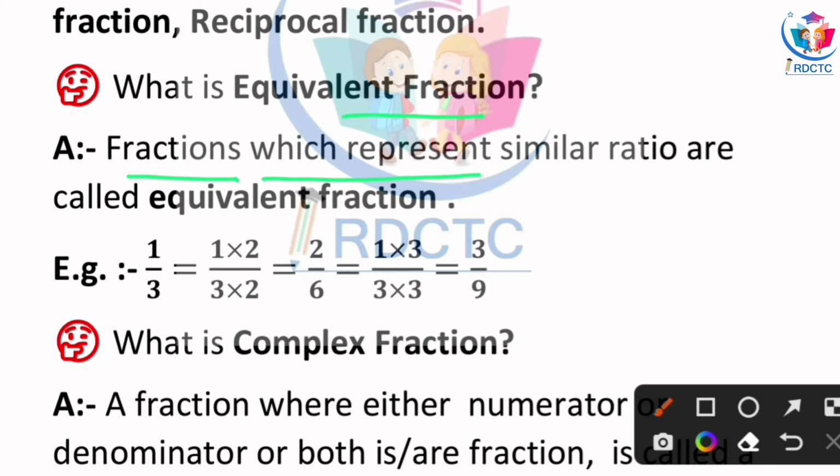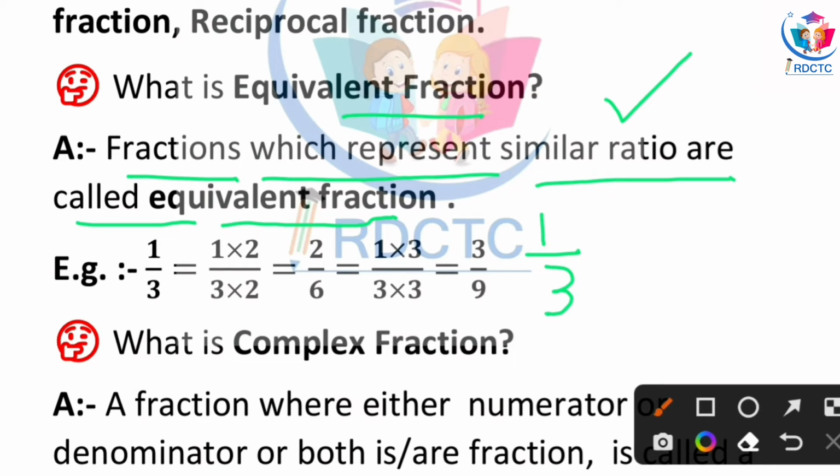Fractions which represent similar ratio are called equivalent fraction. Fractions that represent similar ratio, means we take 1 by 3. If we have to find the equivalent fraction of 1 by 3, then what do we have to do?